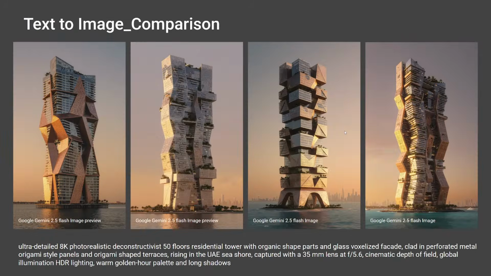So I would say in this exact job Google Gemini is the best model if you do text to image, and the only issue here is the aspect ratio of this image.